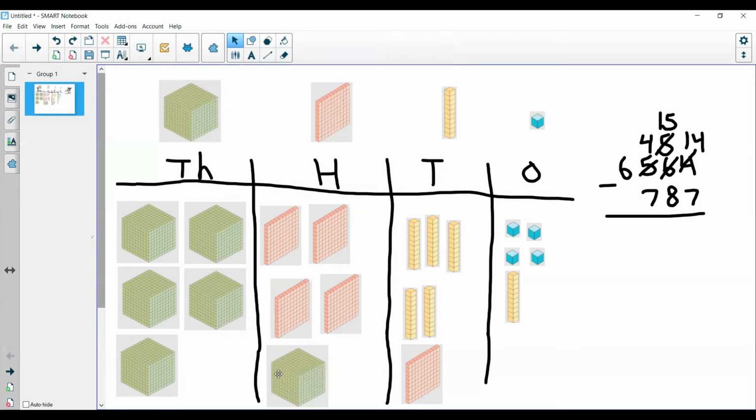Right? 1,000 is made up of 1, 2, 3, 4, 5, 6, 7, 8, 9, 10 hundreds. So what I did is I went to my neighbor, the thousands. I took 1,000. So now I'm left with 5,000s instead of 6,000s. And I regrouped that 1,000 for 10 hundreds. So instead of 400s, I now have 1,400s.